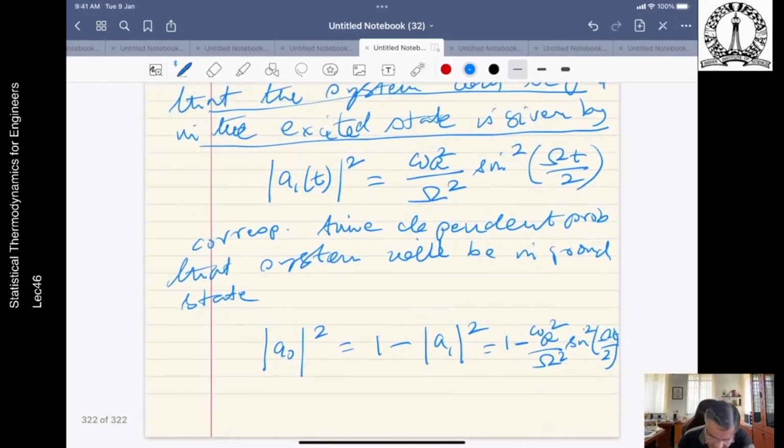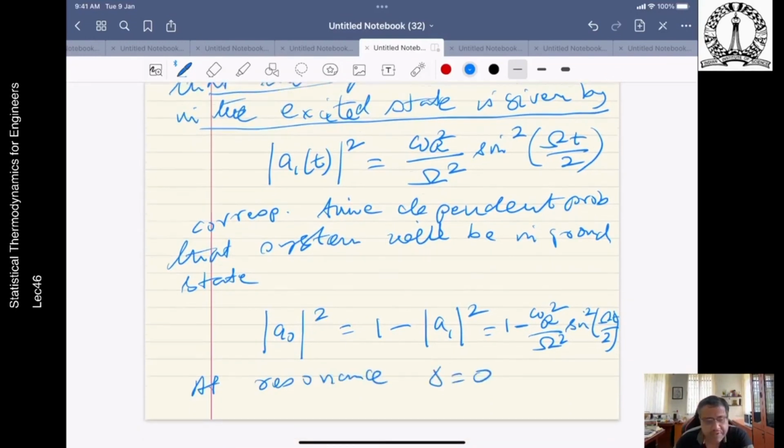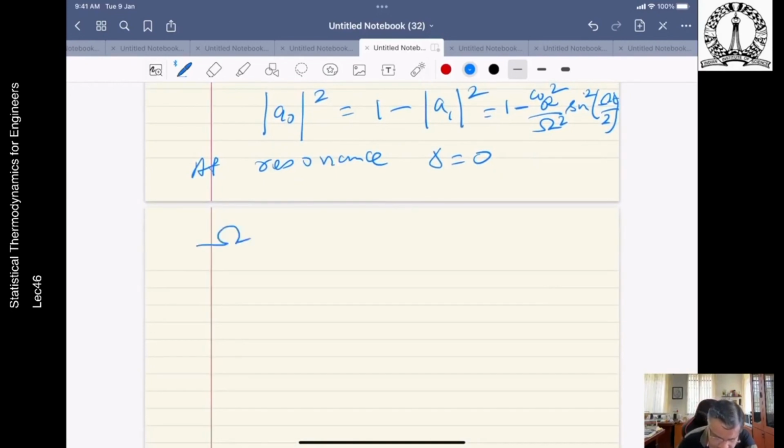At resonance, the detuning frequency delta is equal to 0, so omega is equal to omega r.